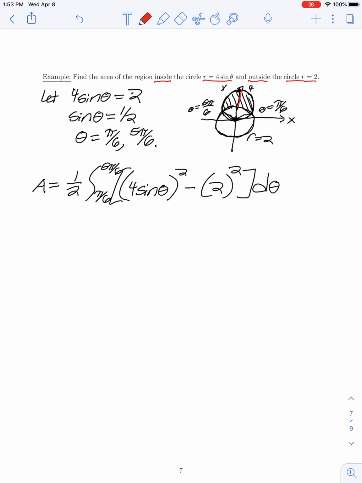I see that if I were to find the area of the part of this region on the theta interval from theta equals pi over 6 up until theta equals pi over 2, that is along this positive y-axis, if I find that area shaded in red, I could double it to get the area of this full region.